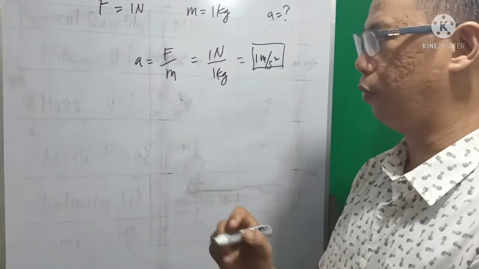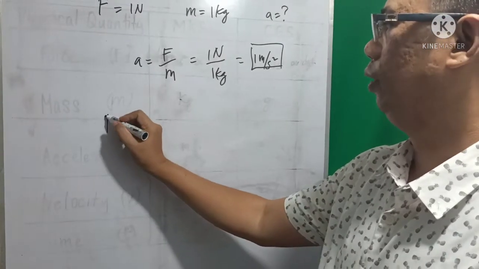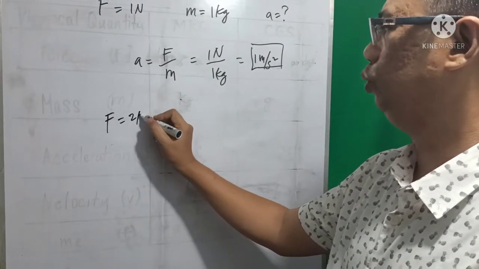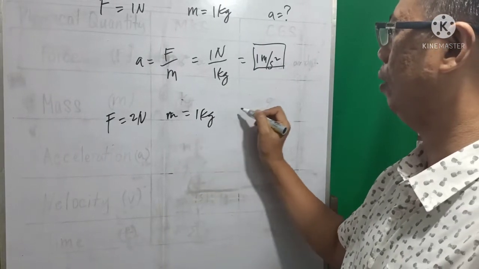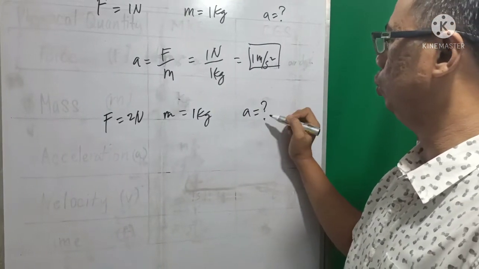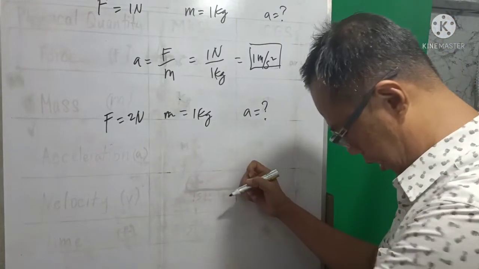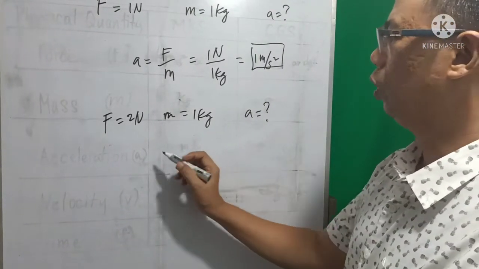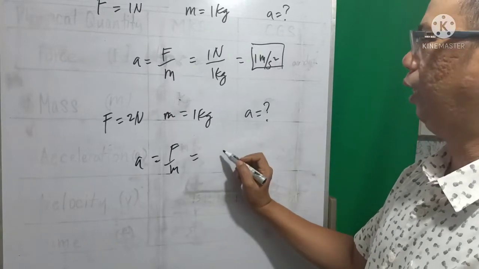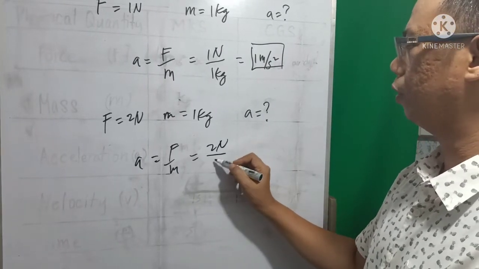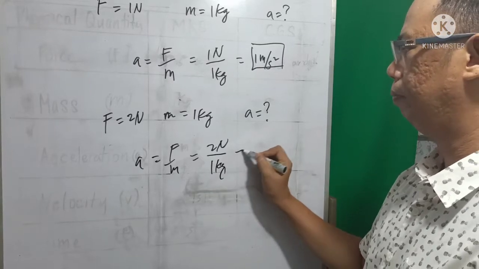Suppose we doubled the force. So F then is equal to 2 Newton. Then mass is equal to 1 kilogram. So we look into the acceleration this time. So we have a is equal to F over m. Then we have 2 Newton over 1 kilogram.